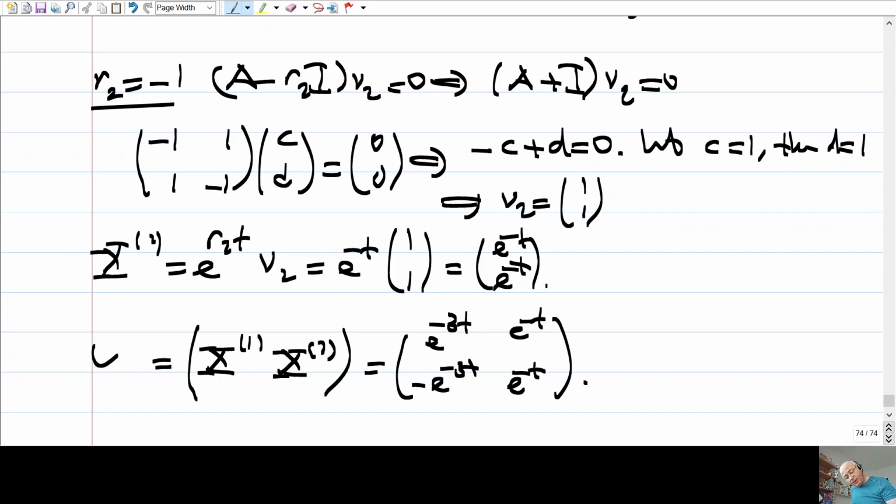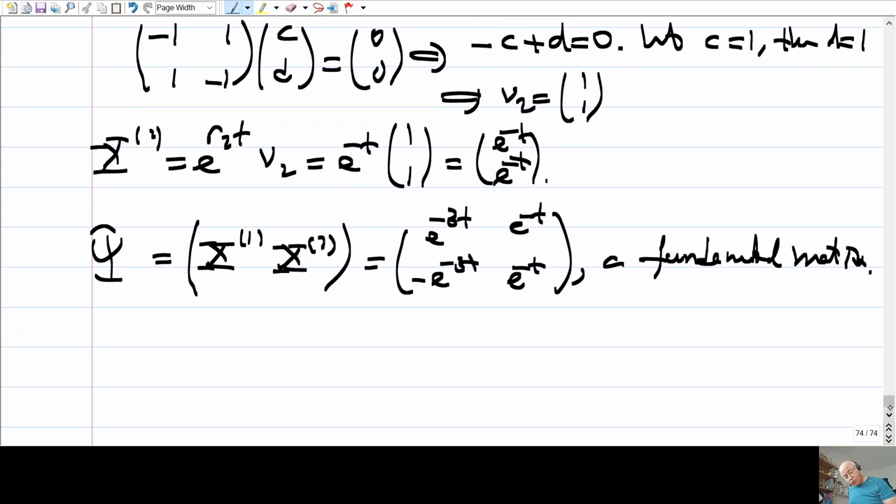This is a fundamental matrix. It is not the fundamental matrix normalized at zero, because when I plug in 0 for t, I don't get the identity matrix. If you want that, you have to compute e^(At), but we don't need it at this moment.